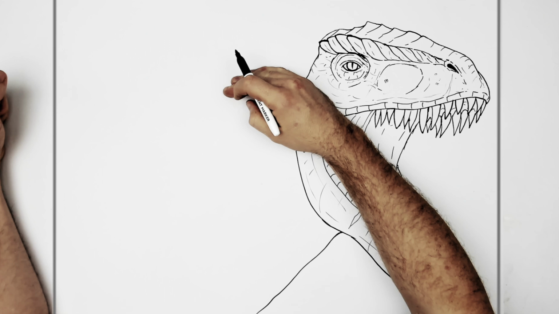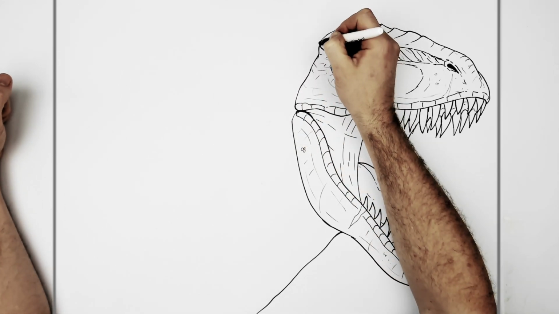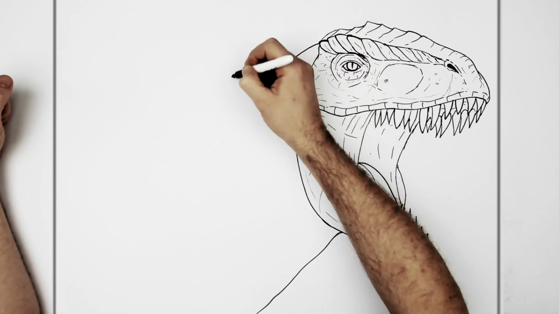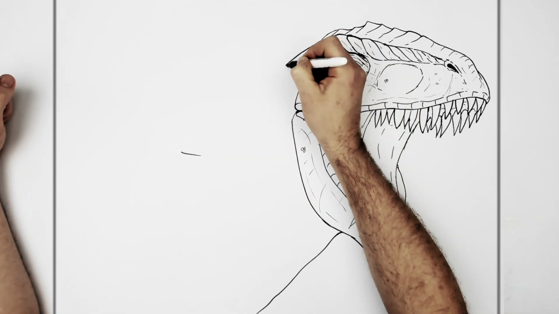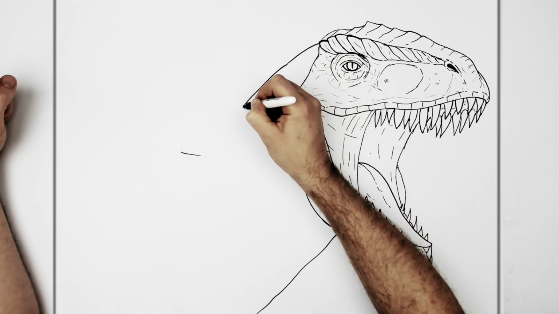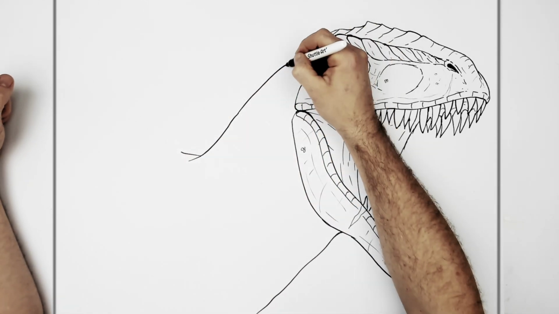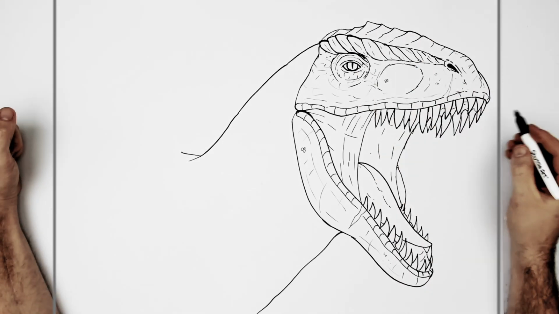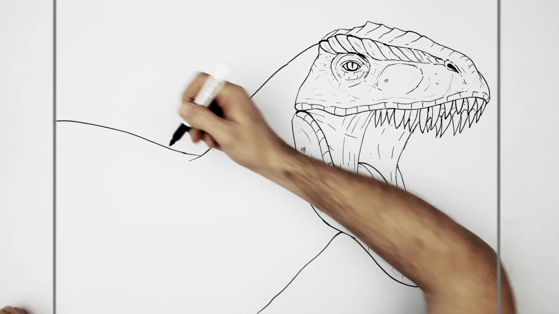And then the back has all spikes on it going. So coming back from here, okay. So it goes down to there. And then his body sort of bumps up and around that way.